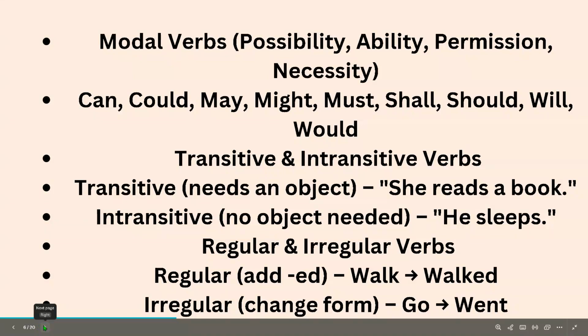So when there is a relationship between subject and object, then we call it a transitive verb. In an intransitive verb, we don't find an object. So no object is needed. He sleeps. That means here an object is not necessary. So this is how you can differentiate between transitive and intransitive verbs.